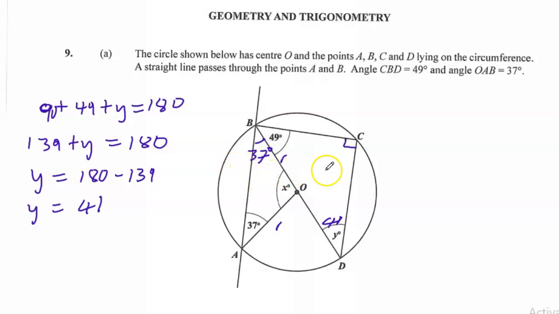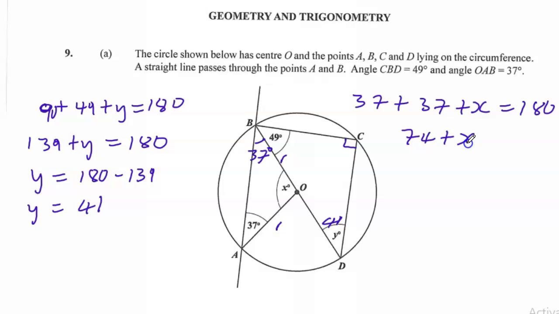Alright, so angle X. To get angle X, notice again it's a triangle, so all the angles must add to give 180. So this 37 plus this 37 plus X should be equal to 180. And what's 37 plus 37? 74 plus X is equal to 180.